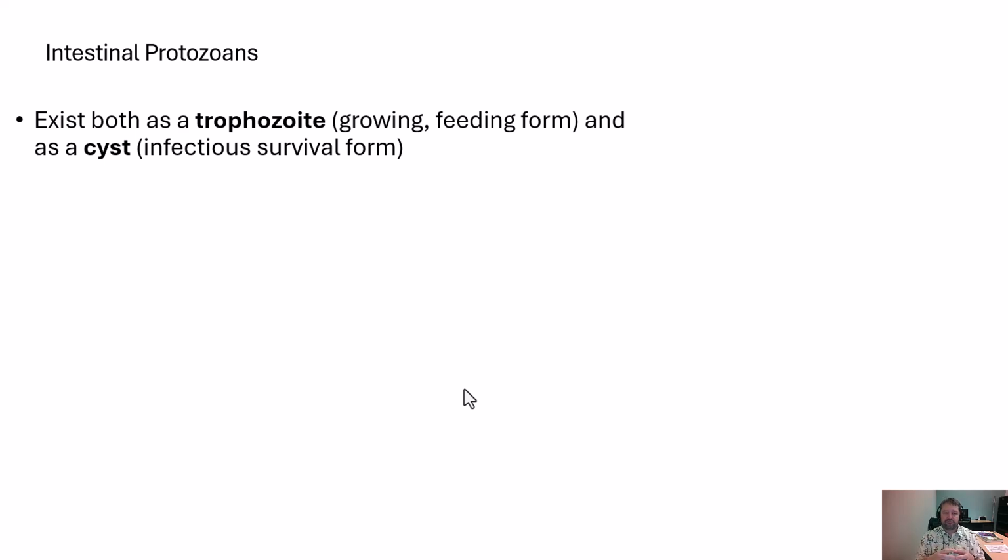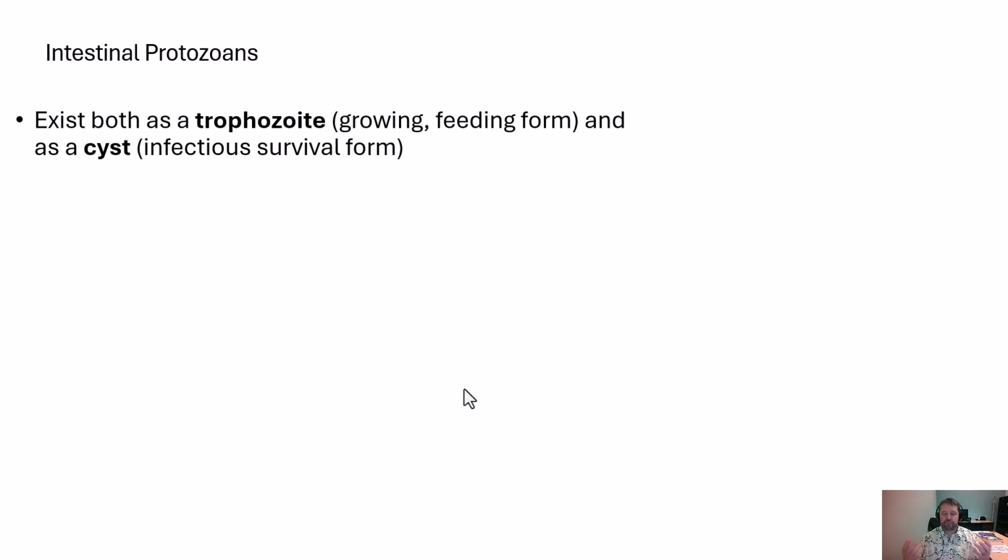The cyst is this survival form that can be defecated out or removed from the body in some other form, sometimes vomited out. But that cyst can occur in the environment, and sometimes that environment is not very favorable to the organism.